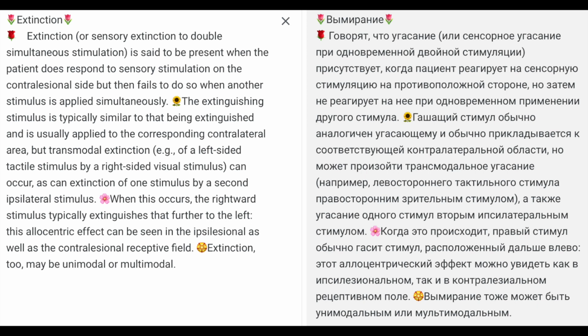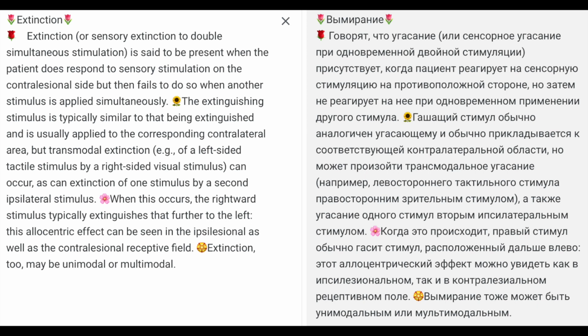Extinction, or sensory extinction to double simultaneous stimulation, is said to be present when the patient does respond to sensory stimulation on the contralesional side but then fails to do so when another stimulus is applied simultaneously. The extinguishing stimulus is typically similar to that being extinguished and is usually applied to the corresponding contralateral area, but transmodal extinction, e.g. of a left-sided tactile stimulus by a right-sided visual stimulus, can occur, as can extinction of one stimulus by a second ipsilateral stimulus.